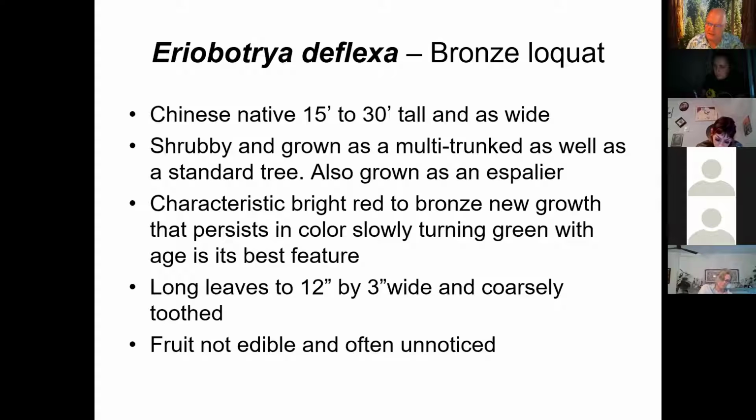So you could put it against like a south-facing wall, you know, the growth can handle that. Characteristic bright red to bronze new growth that persists in color, slowly turning green with age. It's its best and most recognizable feature. Long leaves, 12 inches by 3 inches wide, coarsely toothed. Fruit not edible and often unnoticed.